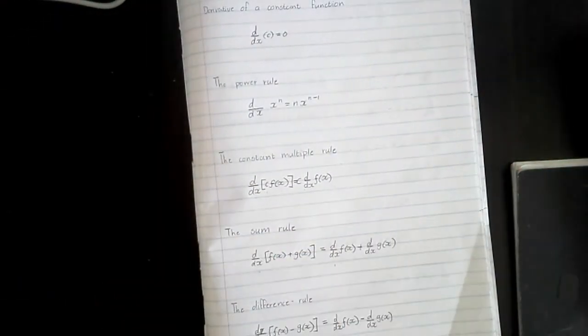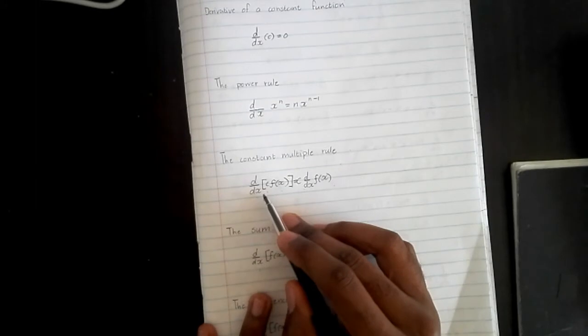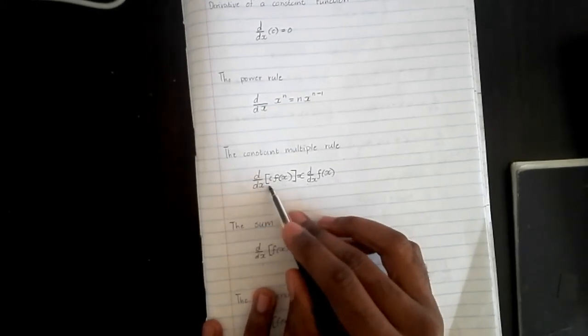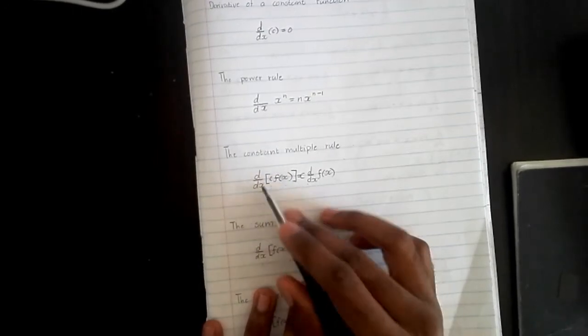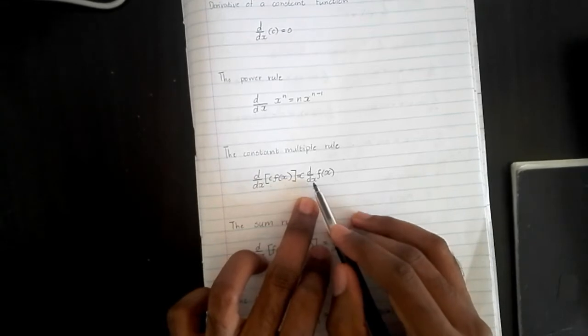The next rule is the constant multiple rule, and it states that d/dx of c times f(x), where f(x) is the function we're getting the derivative of, is equal to c times d/dx of f(x).